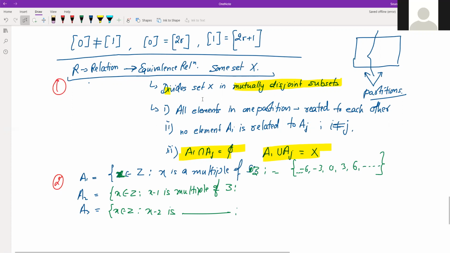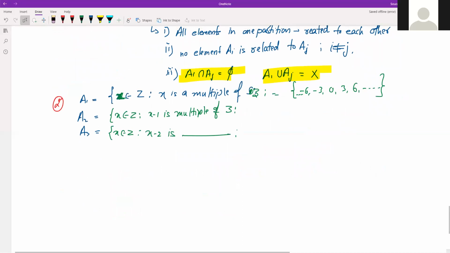Now we have this A1, A2, A3, where these three are actually divisions of Z. So we have x minus 1 as a multiple of 3, x minus 2 as a multiple of 3, and we also have x as a multiple of 3. So these three things now combine all the integers.